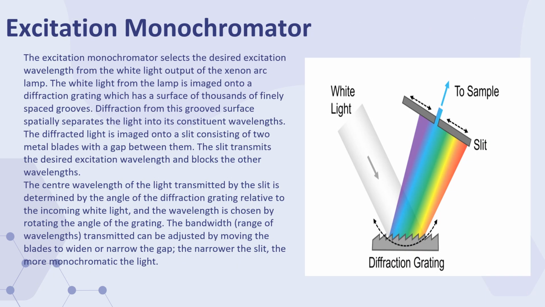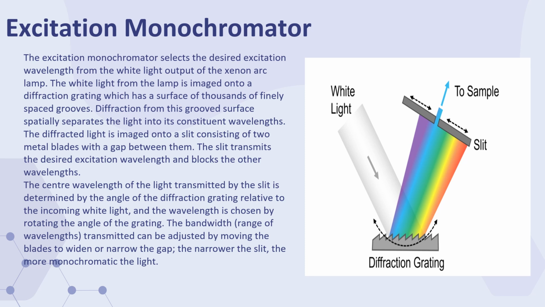The second component of the fluorescence spectrophotometer is the excitation monochromator. The excitation monochromator selects the desired excitation wavelength from the white light output of a xenon arc lamp. The white light from the lamp is imaged on the diffraction grating, which has a surface of thousands of finely spaced grooves.